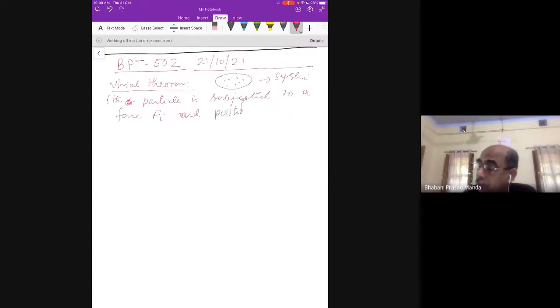position vector is Ri, and the motion is taking place. All these statements are important in a finite region of space.